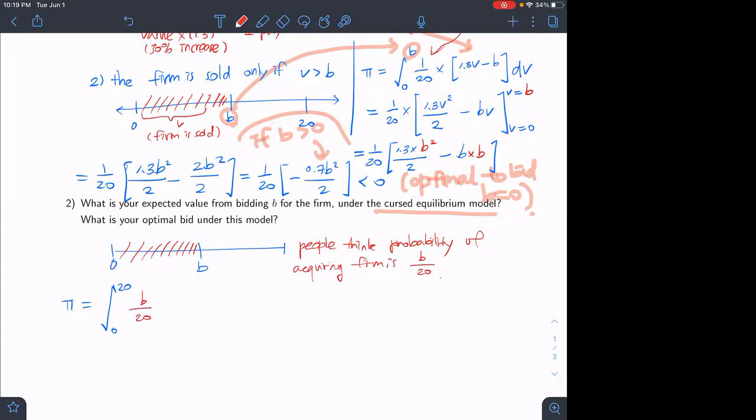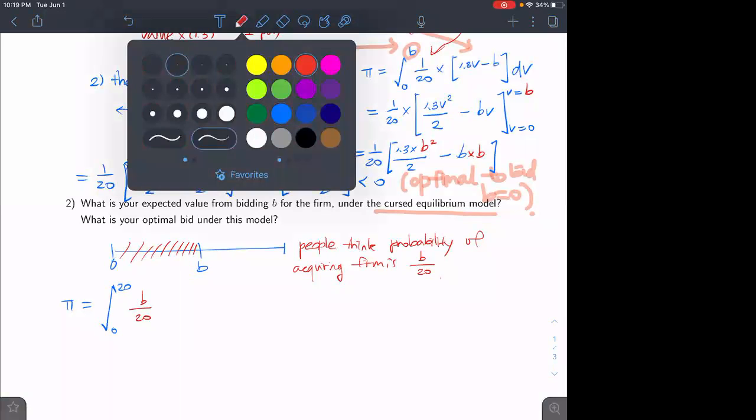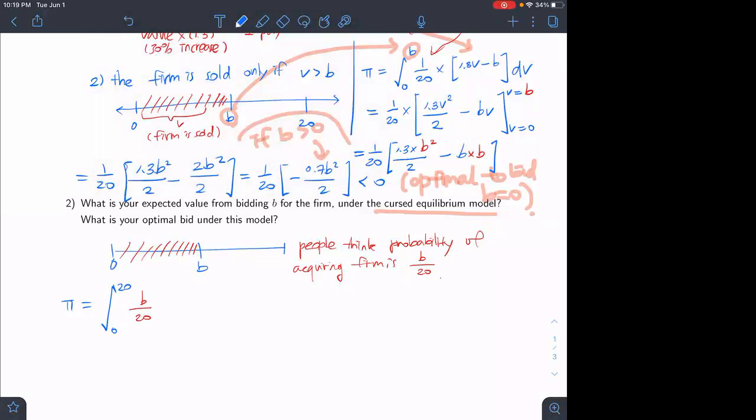So let me highlight here. It's a fixed number. If you saw the old answer key, this was the end. But in the new answer key, you will see 1 over 20 here. This part was a mistake when I made the last answer key. We need to multiply 1 over 20 here, and this stands for the probability density function.